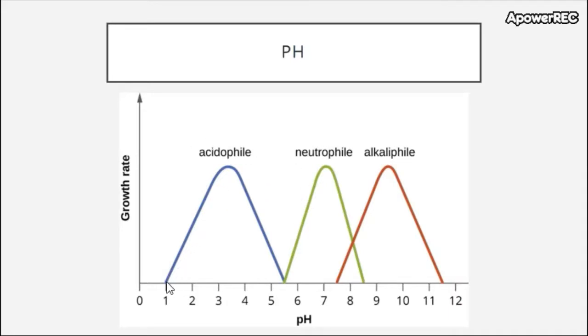The acidophiles can grow somewhere between 1 and 5.5 pH. We have the neutrophiles, which grow in a relatively neutral area, about 5.5 to 8.5. And the alkalophile, or lover of basic pH, from 7.5 to 11.5.